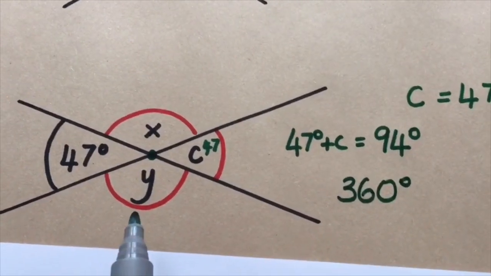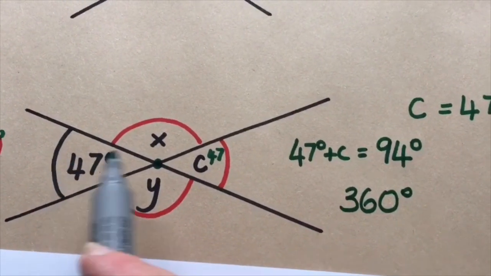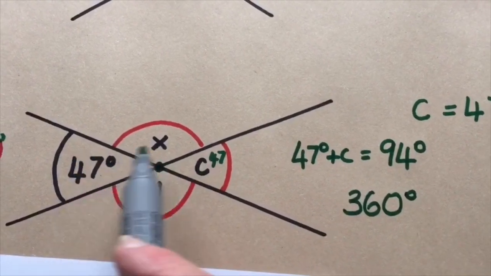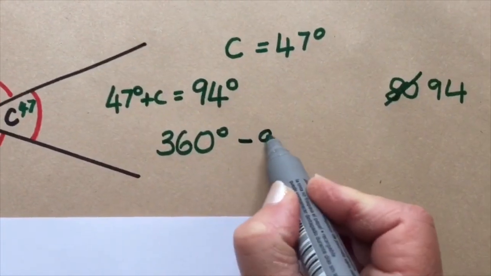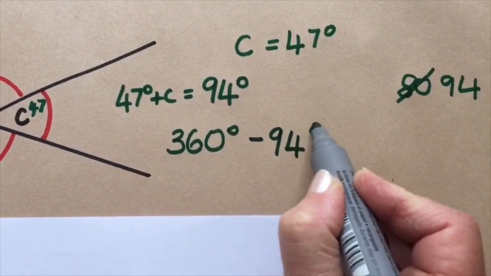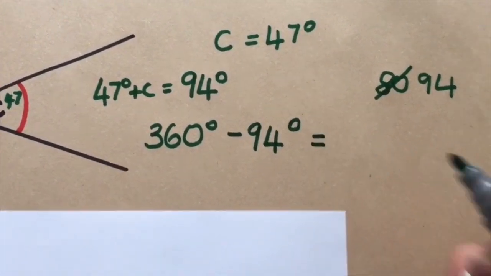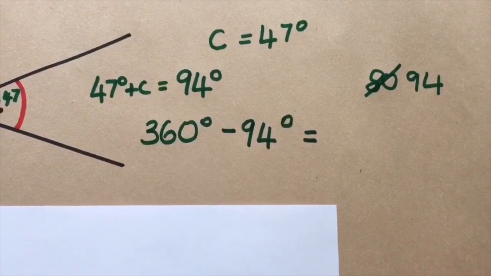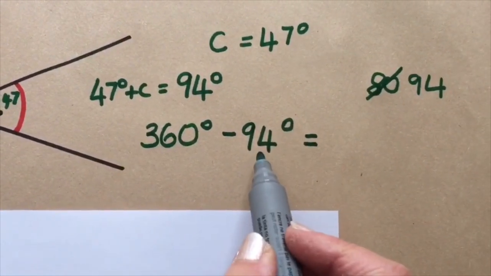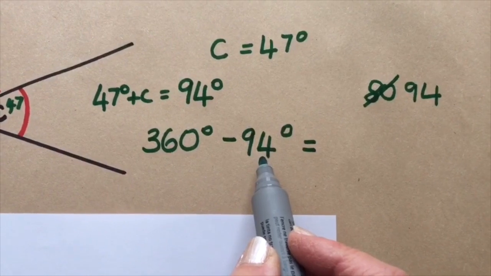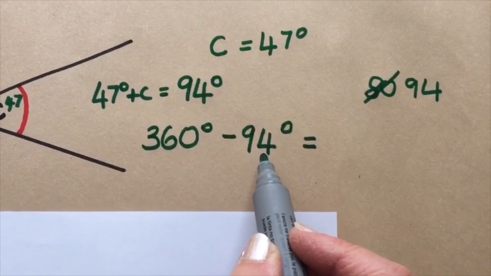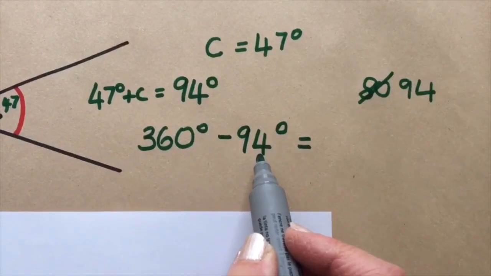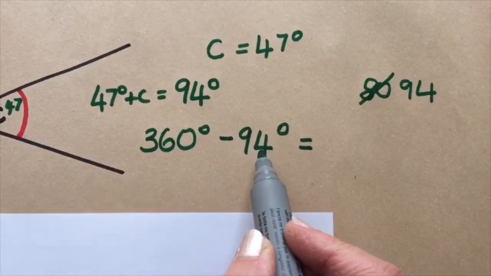So I need to subtract the 94 degrees here. So 360 degrees minus 94 degrees. I'm going to think about mental strategies to help me here. I'm going to round 94 to 100, but then I'll need to remember to take 6 off my answer because I've added 6 too many on.